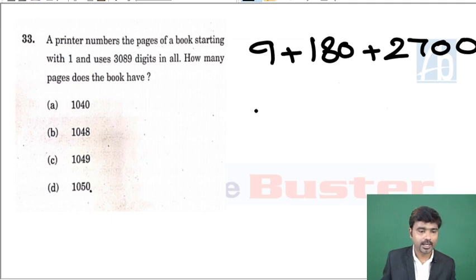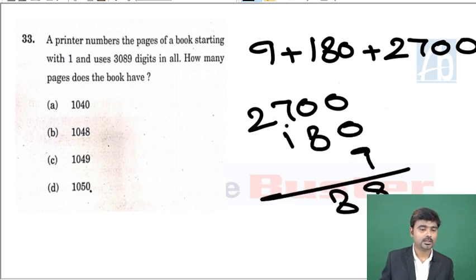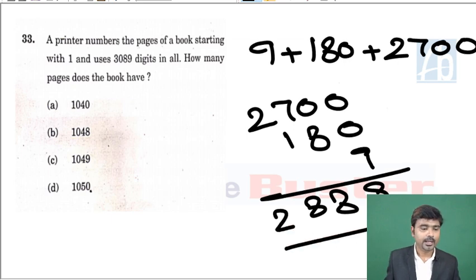Once you write like this, 2700 plus 180 plus 9, this one is 8, okay, remaining is how? 2889.